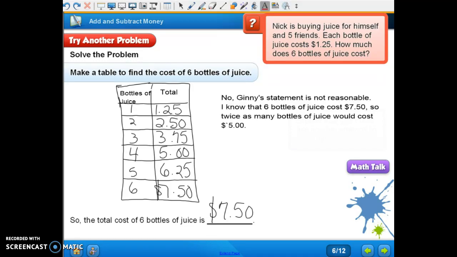Okay, question 3 at the bottom says, if Nick had $10, how many bottles of juice could he buy? How many more times can we add $1.25 to this $7.50? If we had $7.50 and we added $1.25, what would we be at? $8.75.